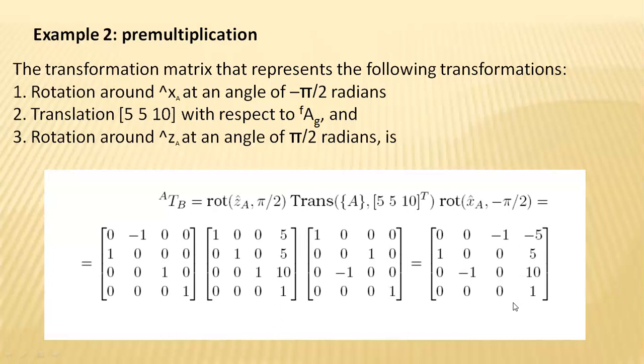And hence the position of the end effector after completing the rotation along the x-axis at an angle of minus pi by 2 radians, after translating with respect to this 5, 5, 10 reference frame A, and after the rotation along the z-axis around pi by 2 radians, the final end effector position after completing these three different transformations is minus 5 with respect to x, plus 5 with respect to y, 10 with respect to z.